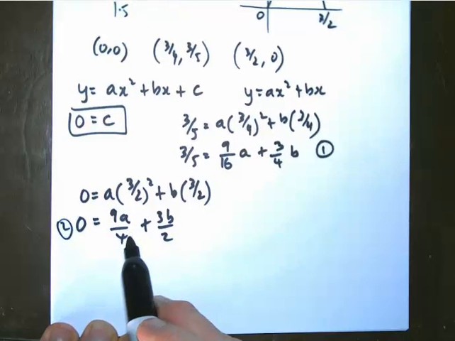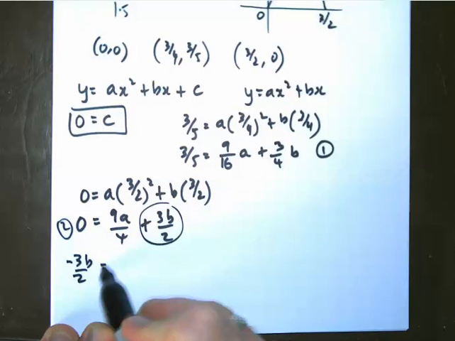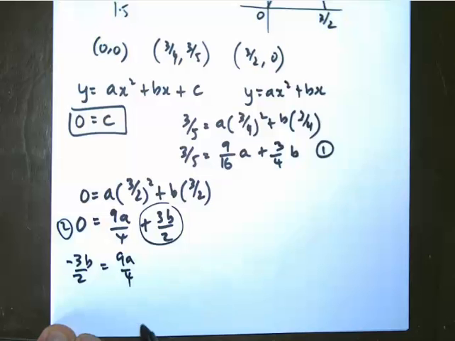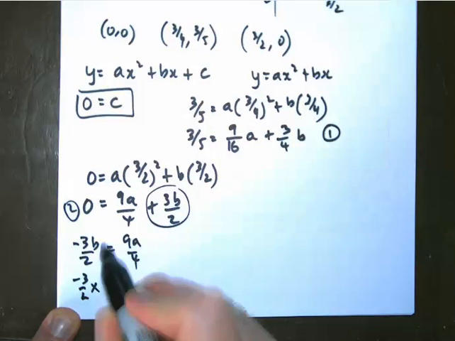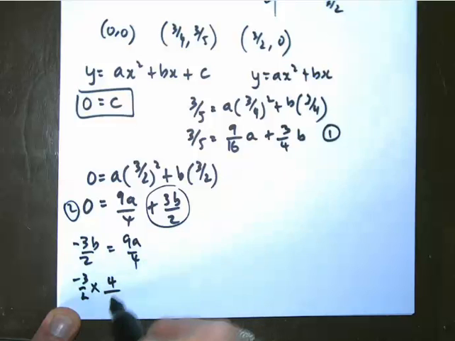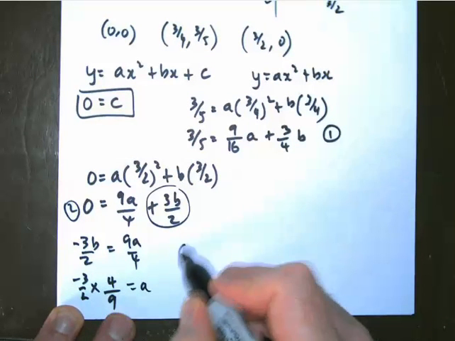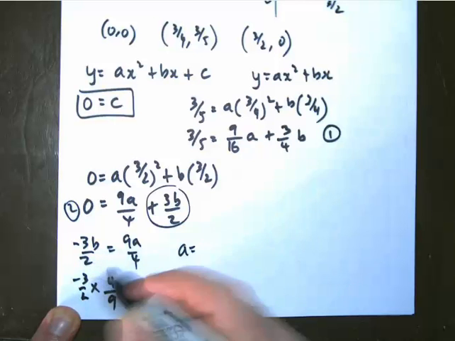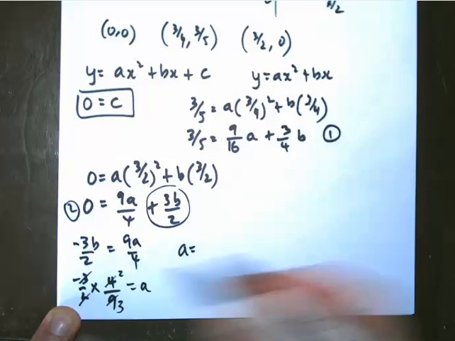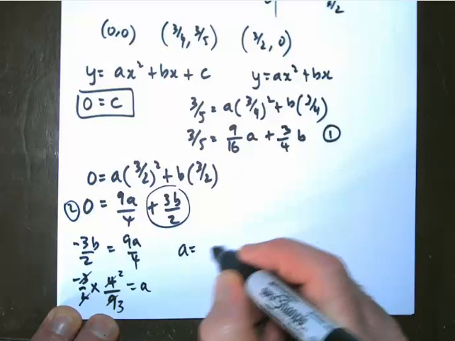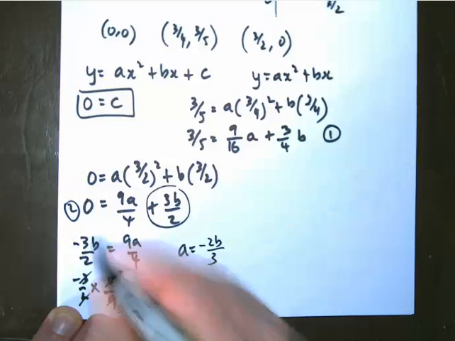That is, I'll move this to make it minus 3b on 2 equals 9a on 4. I've got minus 3 on 2 times, the 4 will come up and multiply, the 9 will go across and divide, and that's what a equals. A equals 3 goes into 9 3 times, 2 goes into 4 twice. A equals minus 2b on 3. There's also a b there that I didn't write.